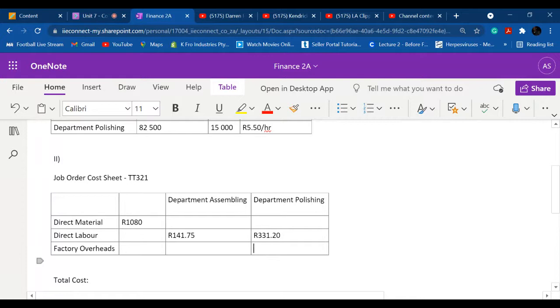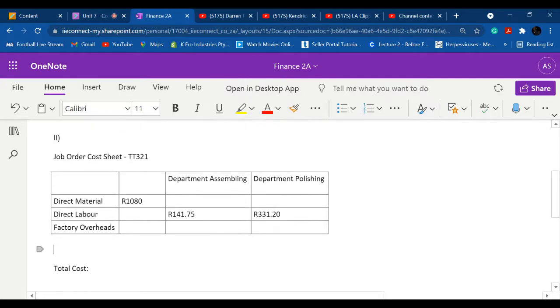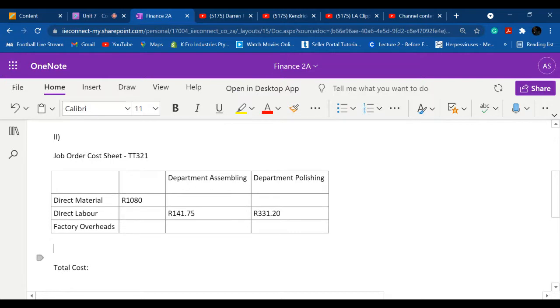You know that for department assembling, in terms of labor, how many hours did we use? I'm going to show the working here because I think this is very important. If you look at direct labor, remember direct labor is our base.